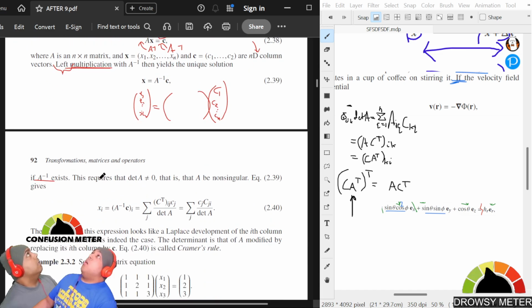If the inverse exists, you get a solution.